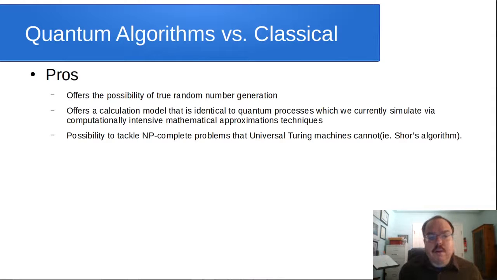So what are the pros of doing with quantum computing? First, it offers the possibility of true random number generation. There is a whole mid-level of theories where there's an idea that you can use something called a probabilistic Turing machine, which is just a Turing machine with the ability to, instead of deterministically going to the next state, use a probability function.